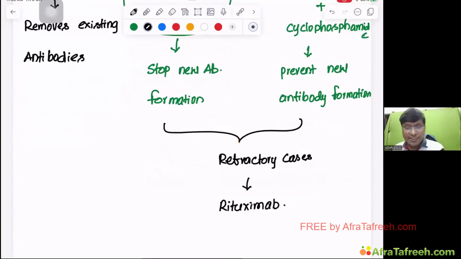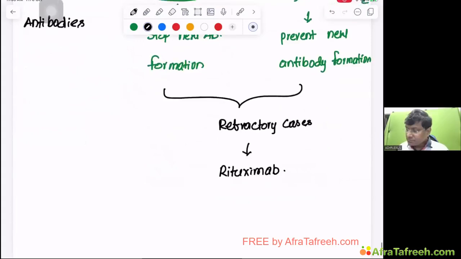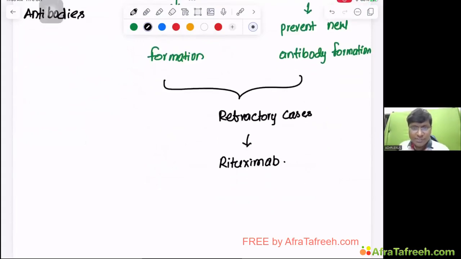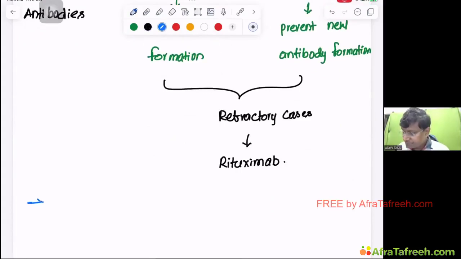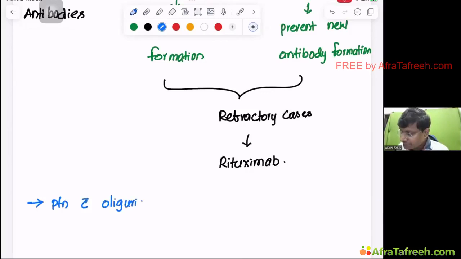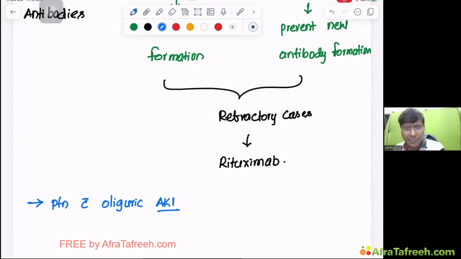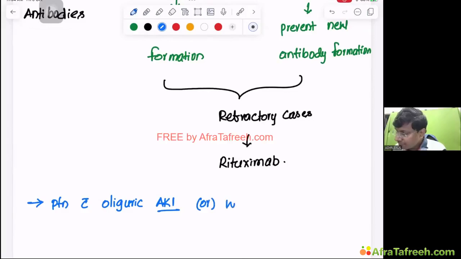This has been used in a small number of patients with refractory disease, right? And overall, the prognosis in these patients is good. But those patients with oliguric acute kidney injury, right? Patients with oliguric acute kidney injury or who require dialysis.